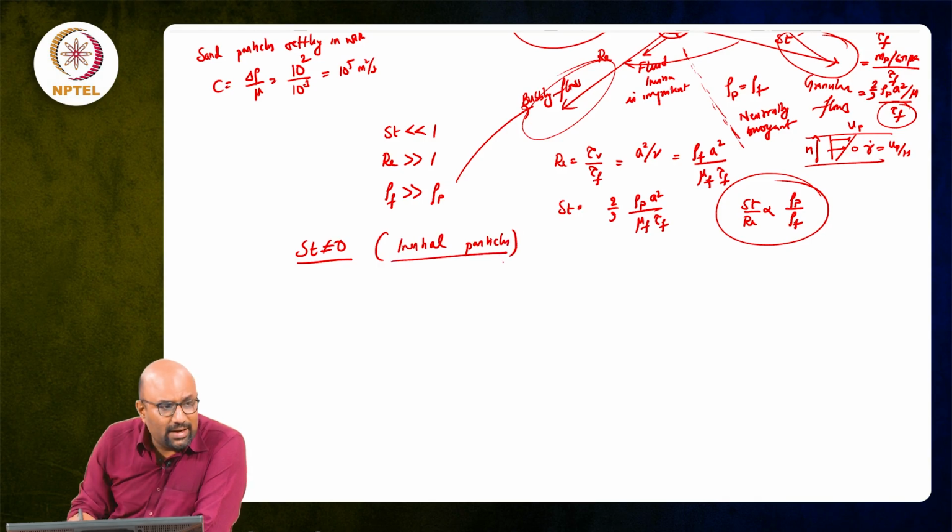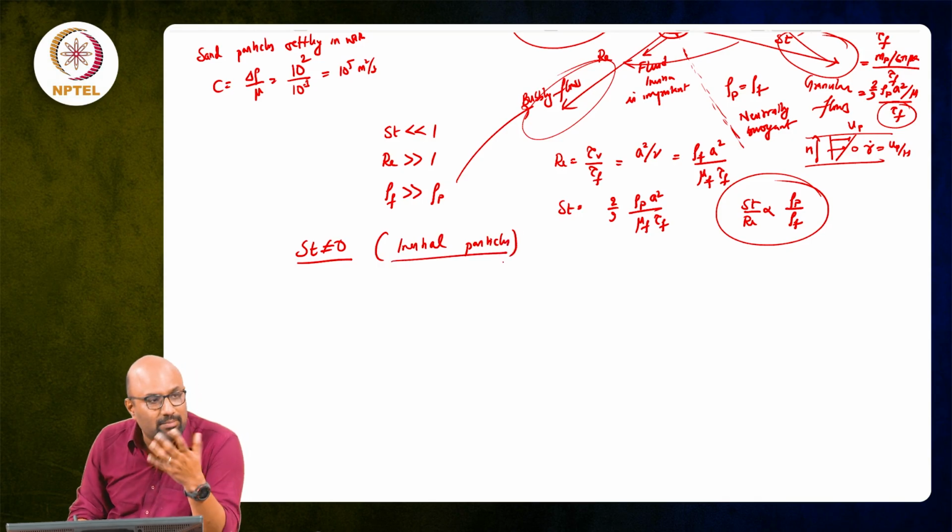Now, we have spent an extensive amount of time discussing the modeling of a second law for particle motion with all the forces that are acting. In today's class, to discuss this, I am going to go for the simplest of all those models.